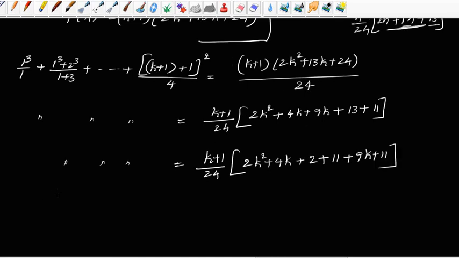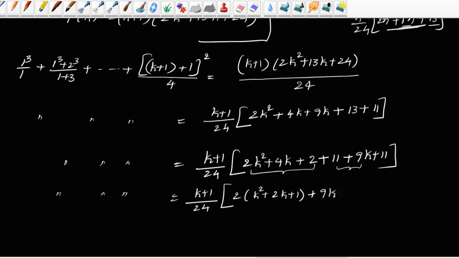We will get this one. In this one, k plus 1 by 24, we have taken 2 common, 2 into k square plus 2k plus 1. Next plus, taking 9 common, this can be written as 9k plus 9, plus 2 plus 11. Sorry, 9 plus 2 plus 11.